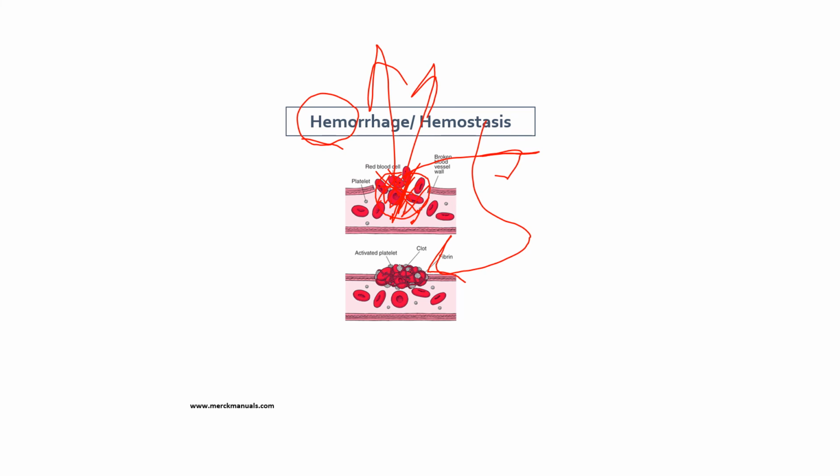So hemostasis is a physiological process that the body initiates to stop blood loss at the site of injury. How? By forming a clot. A clot, khathra, and a thrombus, jalta. A clot could be physiologic or pathologic. Let's suppose this is a blood vessel and this is an injury in the blood vessel.